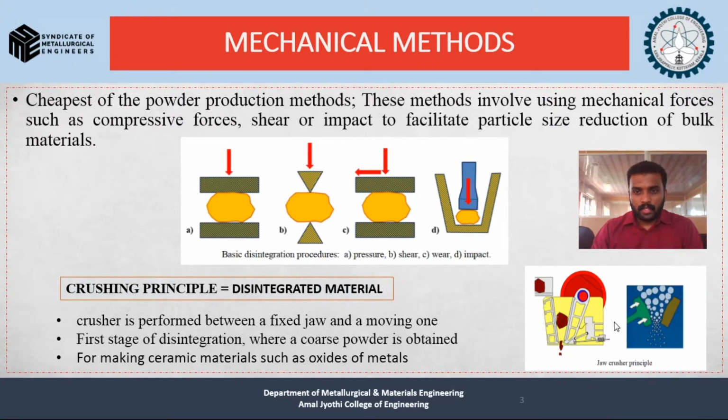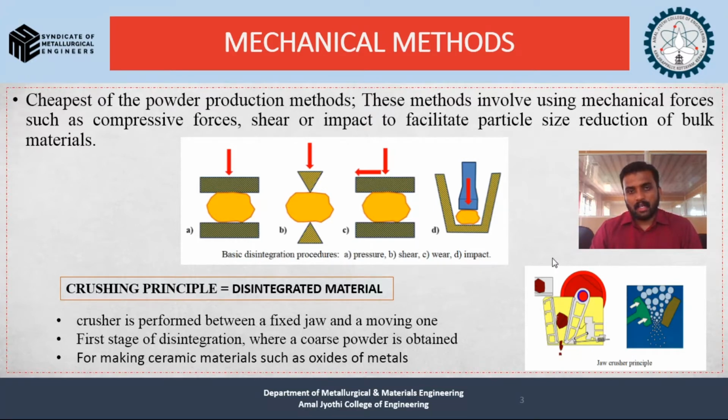I hope you might have studied this in your mineral beneficiation subject. For this process we can use a jaw crusher for the operation of crushing, where we have one fixed jaw as well as a moving jaw. The motions will be like this, as shown here. The material will be crushed in between, and we will get finer bits of the crushed product at last.